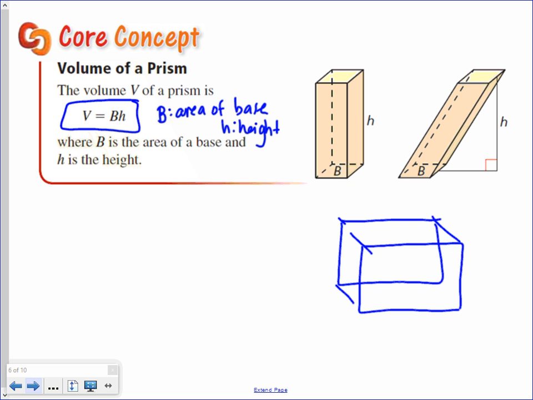And so, when you guys first learned volume a long time ago, the first formula you learned was length times width times height. That's because length times width is the area of your base, that's your capital B, and then height would be your H. Now you're not limited to only rectangular prisms, so that capital B is the area of whatever the shape is. Could be a trapezoid, could be a triangle, could be anything.